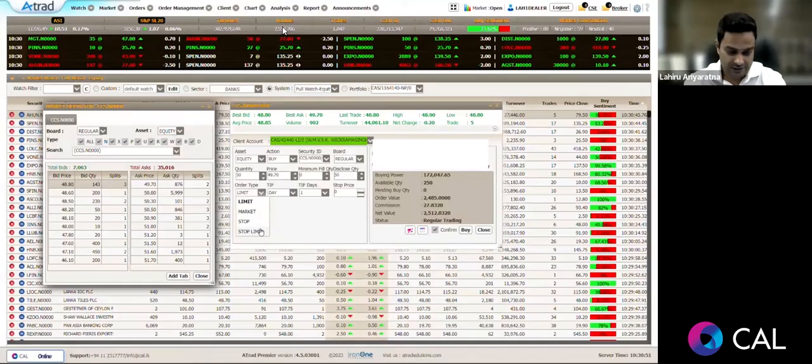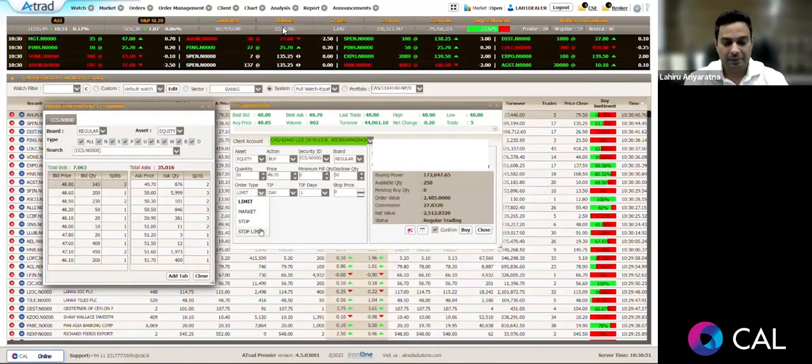Instead of buying 50 shares, I don't want to put a limit. I'm in a rush. I think the market is on a bullish momentum in this stock. If I were to buy 5,000 at this point, I will just put a market order, put 5,000. My order will most probably get executed at 49.70 and 50.